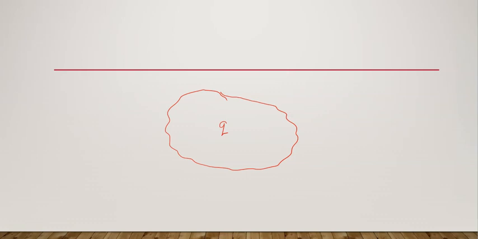Suppose here is a small portion of this surface, a small area ds, and the electric field due to charge q passing through this surface is E.